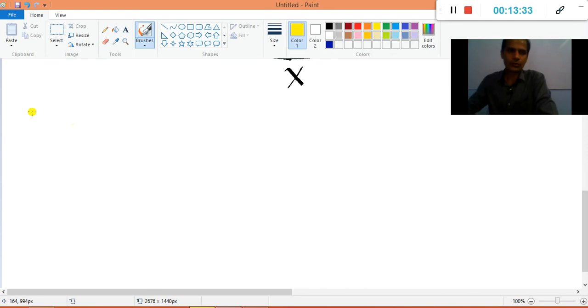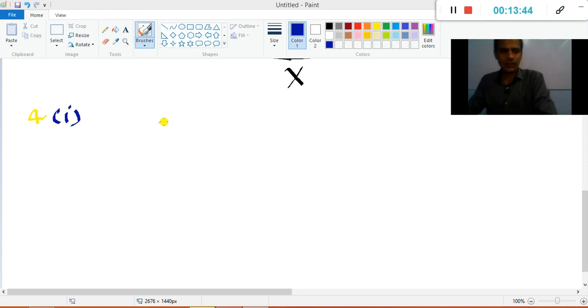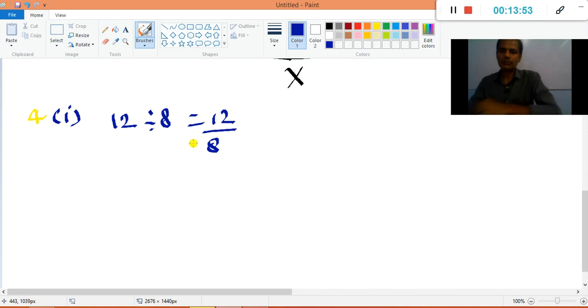Now move to fourth question. I am going to solve first part. So students, listen carefully. The question is 12 divided by 8, so it is 12 upon 8. Now there are different approaches. If you can show the division and if you are interested you can do it, otherwise there is a very important role of denominator.